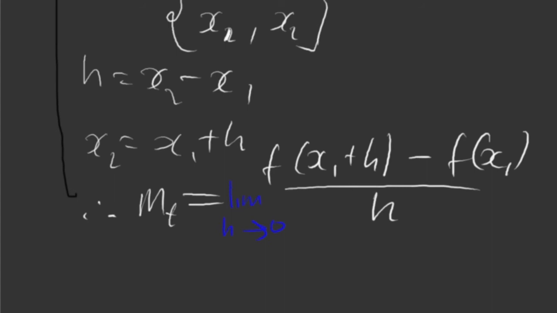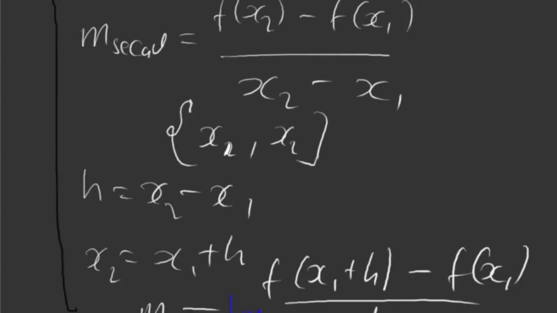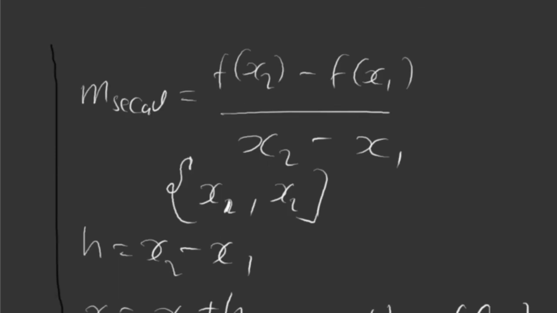So this is the formula for finding the slope of the tangent line. You actually take the limit. So the two formulas to keep for this are the following.